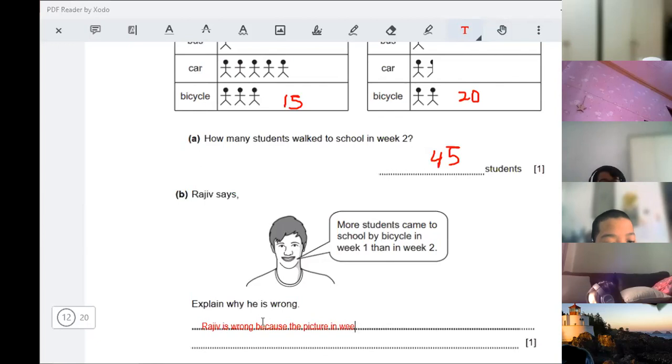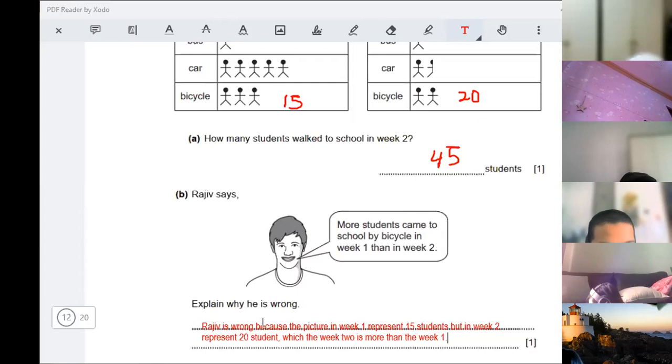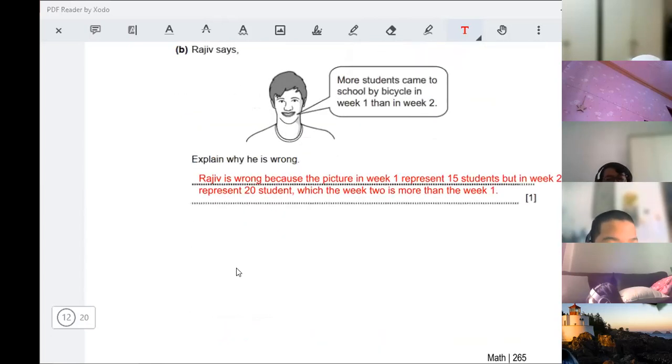Yes, the picture in week 1 represents 15 students, but in week 2 represents 20 students, which is more in week 2, yeah. Okay, this one, yeah.